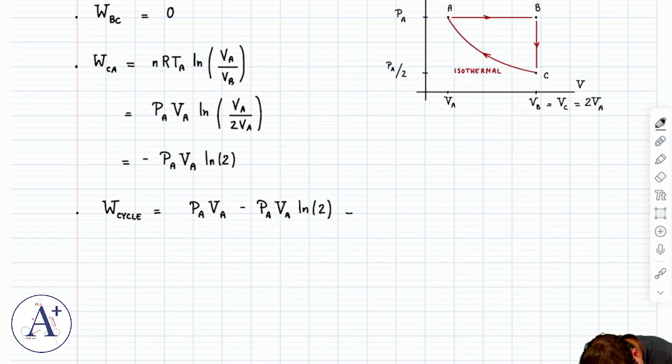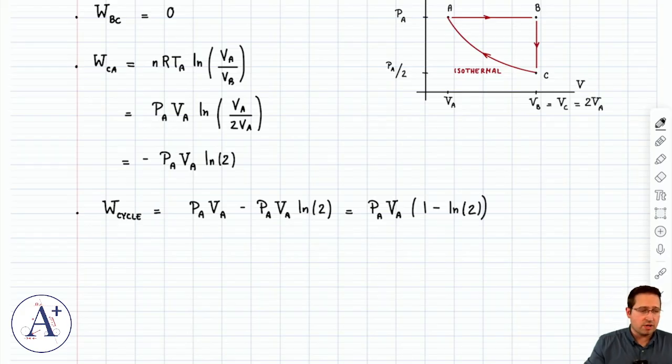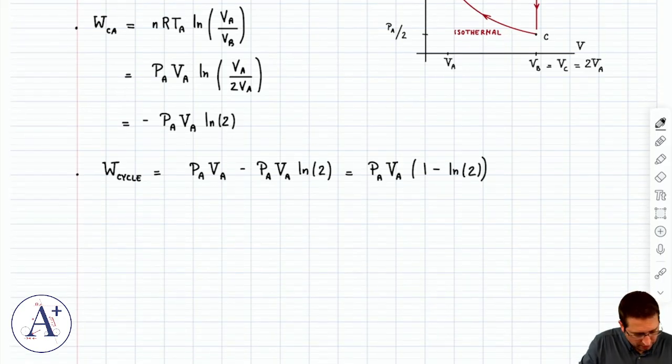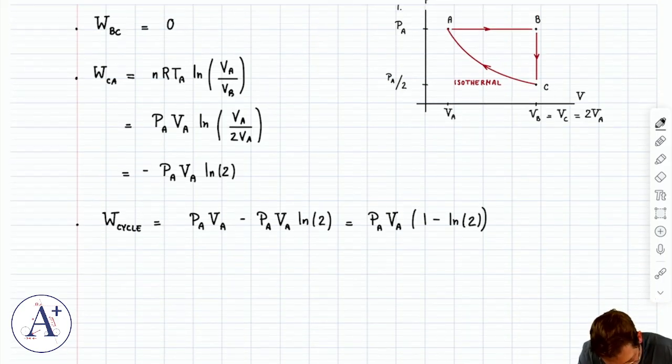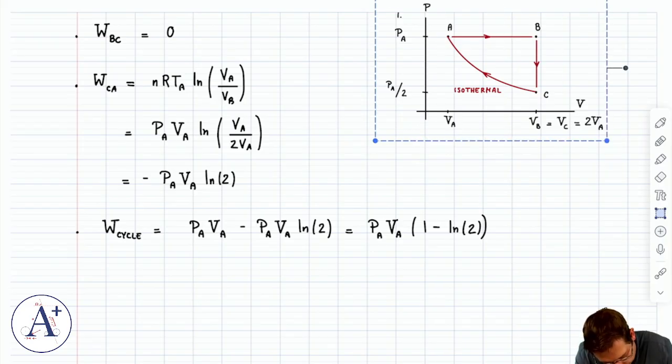Just leave it like that, but probably it is too tempting not to, I would factor out PAVA. Okay, but this is a positive quantity, right? As expected, an engine should produce work, so the net work over the cycle should be positive.